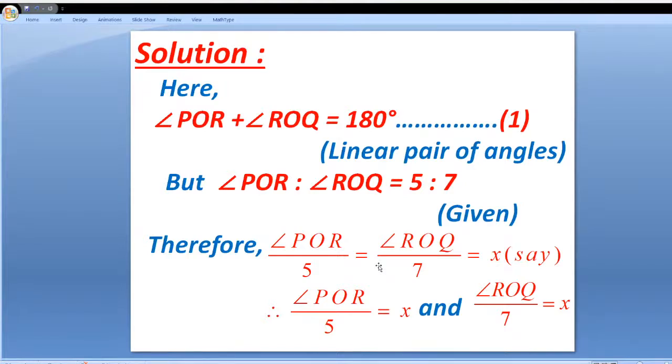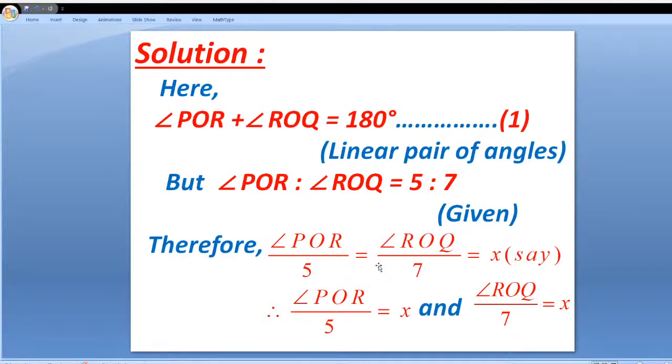We can write this from linear pair of angles, but we are given that angle POR and angle ROQ are in the ratio 5 to 7. So angle POR divided by 5 is equal to angle ROQ divided by 7 is equal to, say, some figure x.